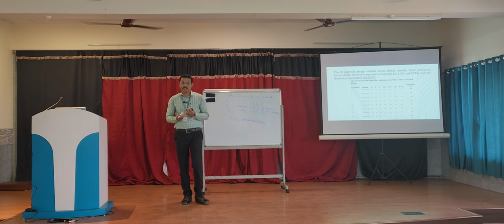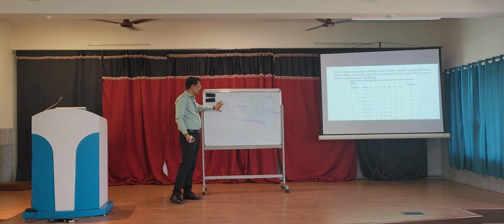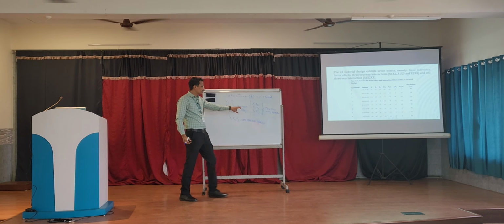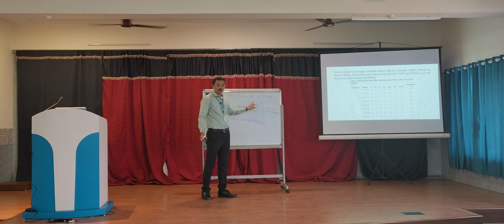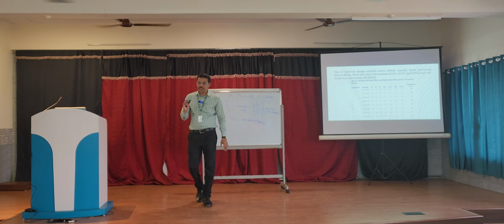Total 7 effects you obtain. So out of that 7, they will be segregated into 3 parts: 3 main effects x1, x2, x3, 3 two-way interactions x1 x2, x1 x3, x2 x3, and 1 3-way interaction.